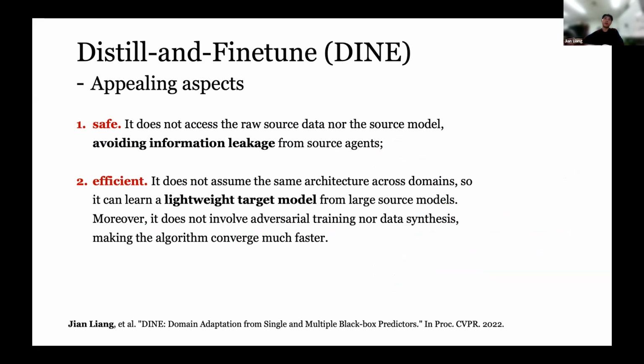Secondly, it is also very efficient. It doesn't assume the same models across domains, so it can learn lightweight target models from large-scale source models. Moreover, it doesn't involve any adversarial training or data generation, so this algorithm is also very efficient.